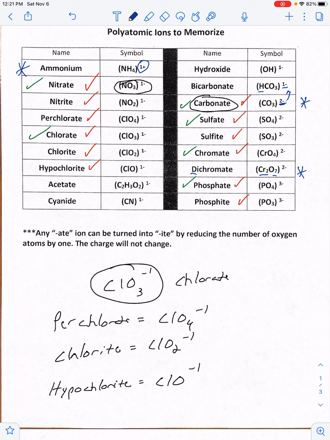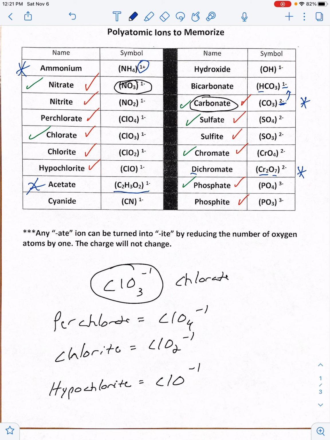Then you get some different ones. You have acetate, which is probably the biggest one. That is going to be C2H3O2 with a -1 charge. You can see we keep these things in parentheses because we cannot interfere with those. That will make a lot more sense when we start doing the naming and writing out the formulas: if it's in parentheses, you cannot alter it at all.